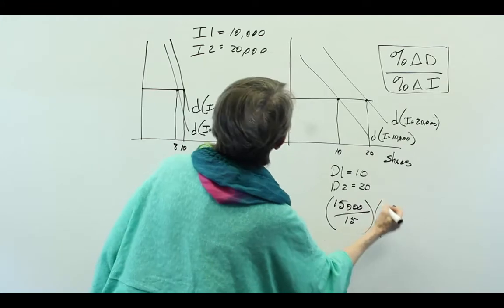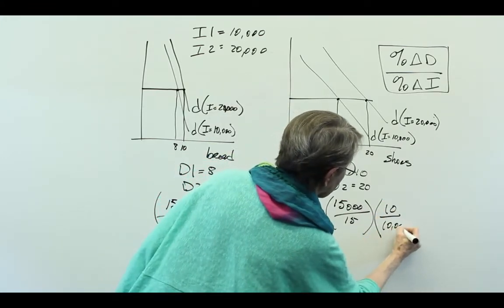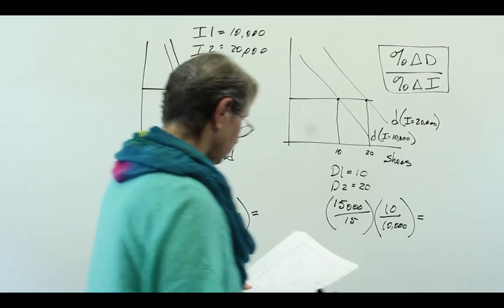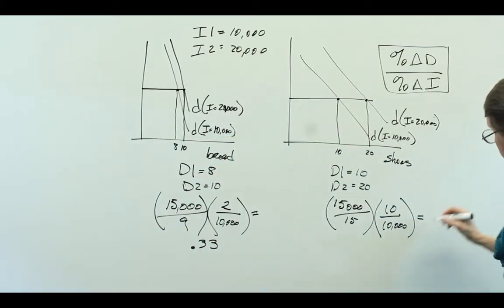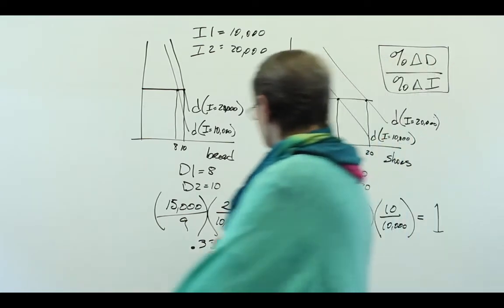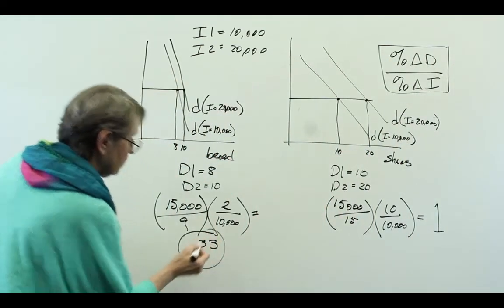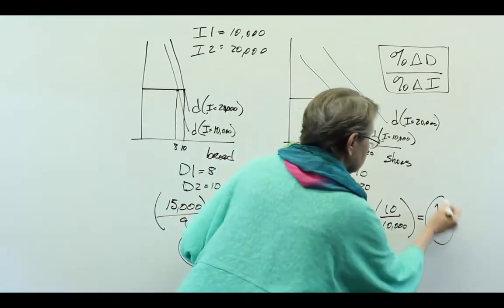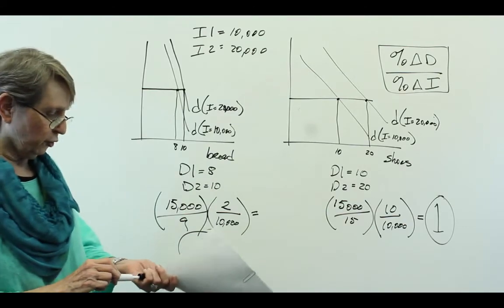The change in income is 10,000. And so this income elasticity turns out to be 1. So here is a measure of income elasticity for bread. Here is a measure of income elasticity for shoes.